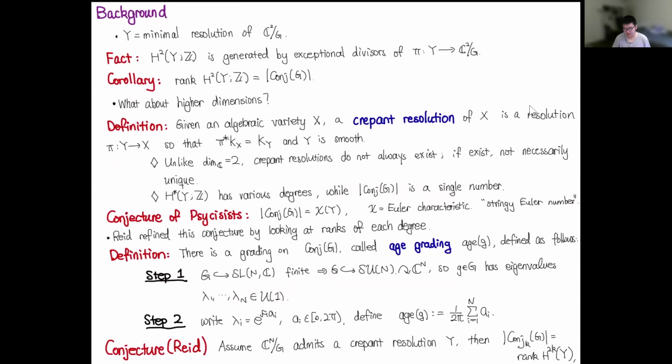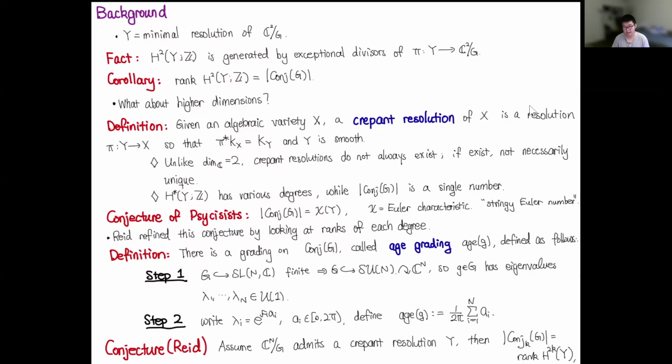But the story we are looking at is dimension greater than 2. So one thing to note is that since you are resolving C2 quotient by G, the cohomology of C2 is trivial.